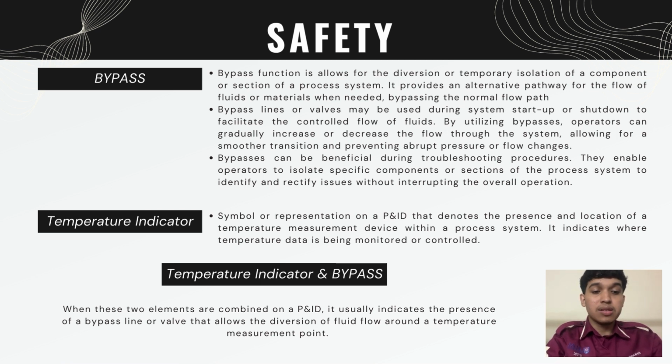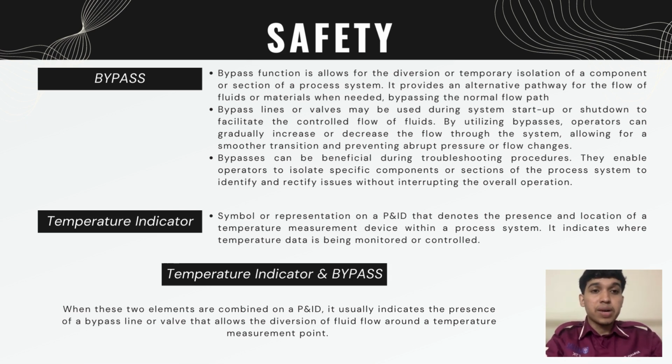By utilizing bypass, operators can have a smoother transition and prevent abrupt pressure or flow changes. And lastly, bypass can be beneficial during troubleshooting procedures. They enable operators to isolate a specific component or section of the process system to identify and rectify issues without interrupting the overall operation.